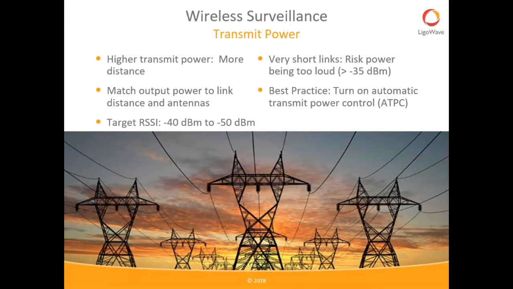So I want to have a note here about transmit power, because I mentioned that was one of your degrees of freedom. Typically, the higher the transmit power, the louder the radio is speaking, which means the greater the distance that you can transmit.